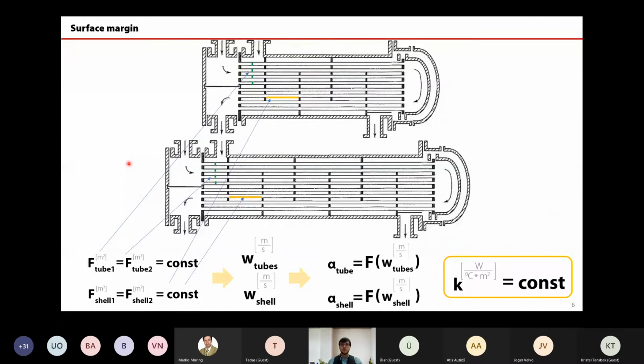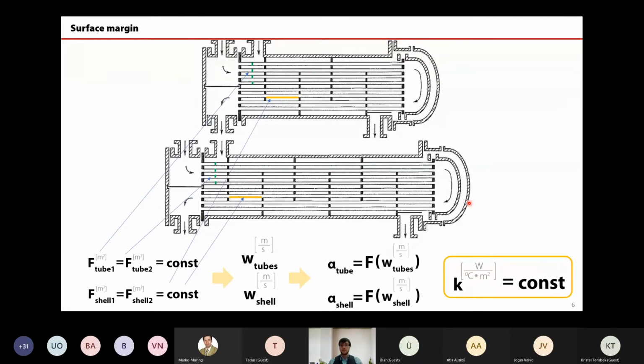So in the shell and tube heat exchanger, when I was adding extra length of tube, I was really just simply adding surface margin. So if I had, by the calculation, originally selected the heat exchanger on the top, let's say 2 meters length of the tube, and on the bottom 2.5, that simply means that these extra 500 millimeters of tube are really just a surface margin, because my heat transfer coefficient remains the same.